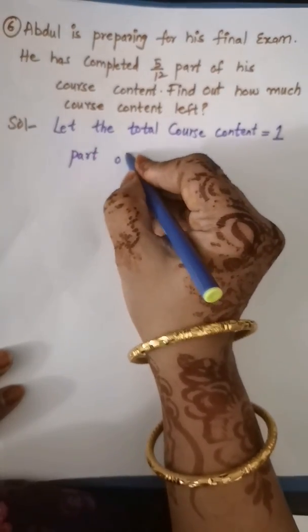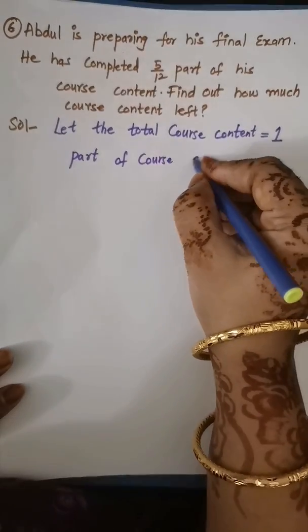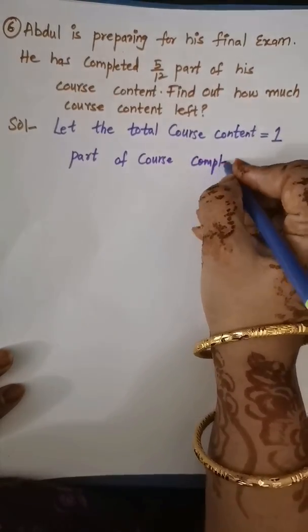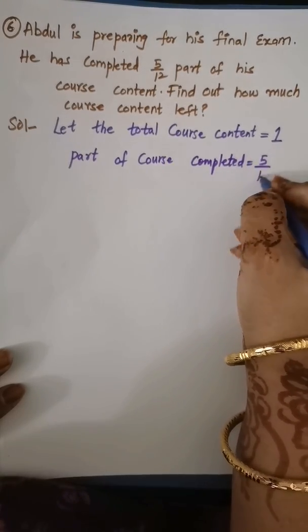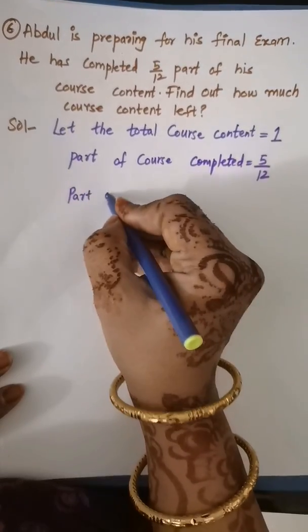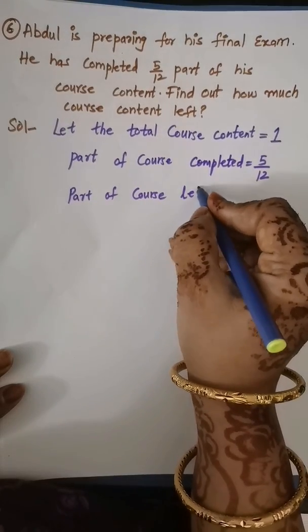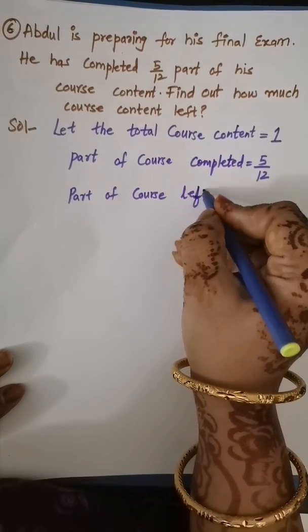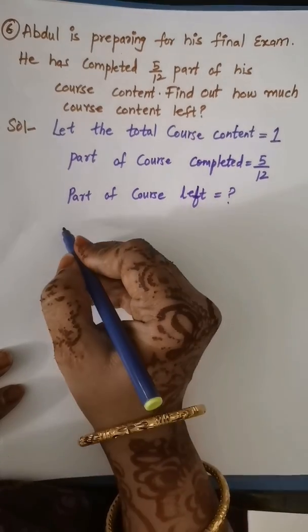Part of course completed is equal to 5 by 12. You have to find part of course left. Part of course left you have to find out.